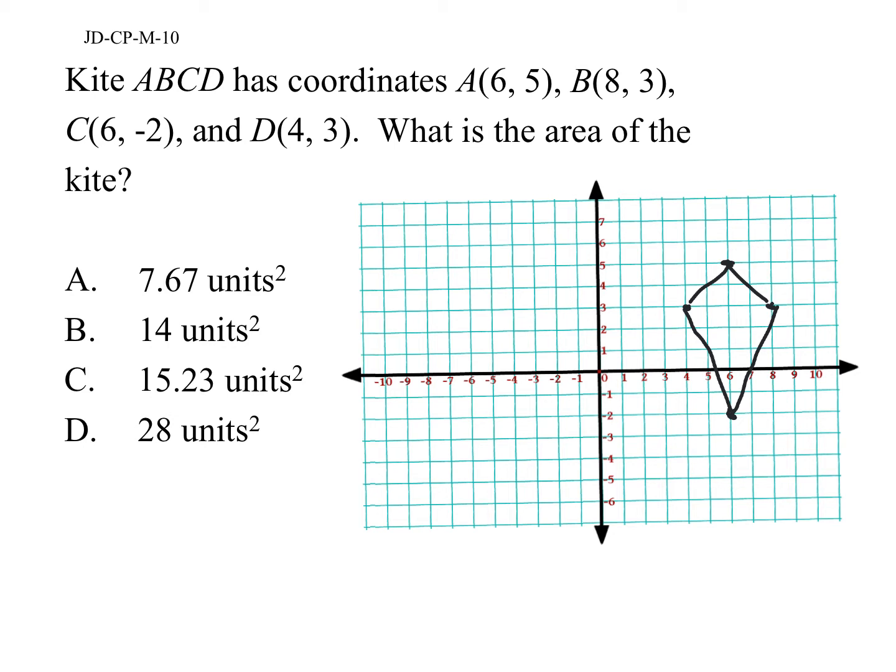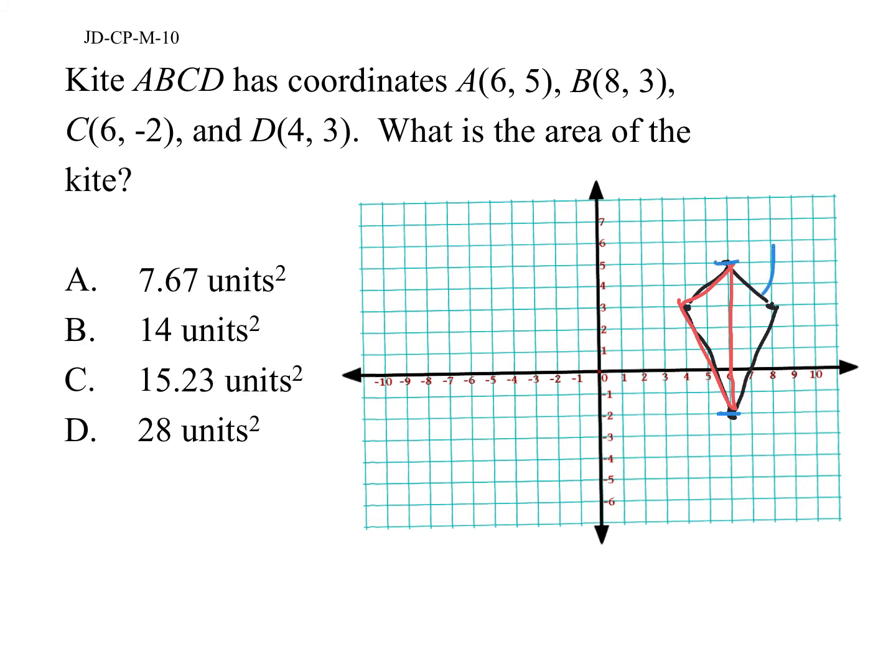So if we want to find the area of this, one way of doing this would be you could just split this in half into two right triangles that are identical to each other. And then if you look at the side lengths, this goes from -2 up to 5.